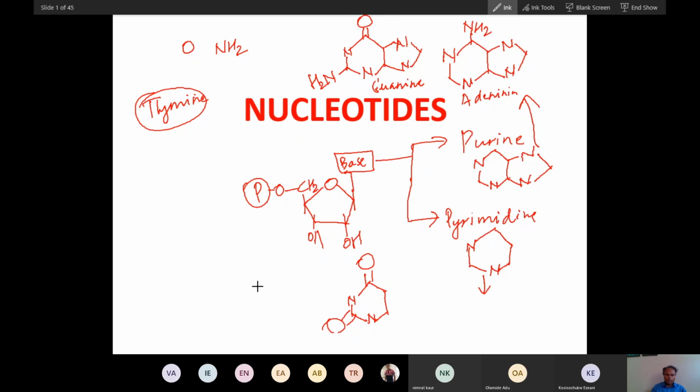You modify uracil a little bit, and this modified type of uracil is present in DNA. DNA does not have uracil. Now modify this uracil by adding one methyl group. This becomes thymine. So methylated uracil is thymine.